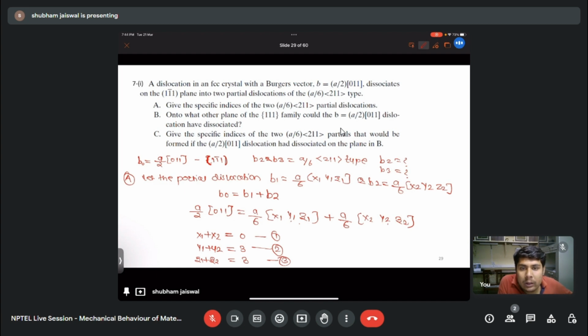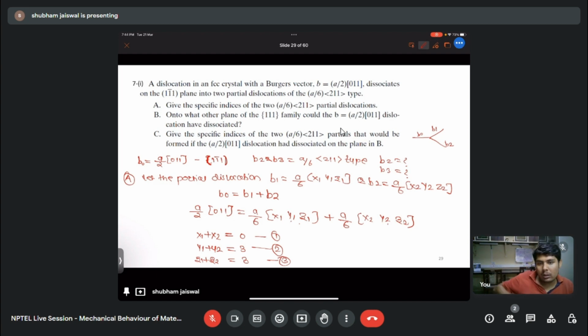So what we did, we assumed the two dislocations as B1 equal to a by 6 with indices x1, y1, z1 and B2 as a by 6 x2, y2 and z2. They are saying that this single dislocation is dissociating into two, meaning B naught is dissociating into B1 and B2, so B naught equal to B1 plus B2.